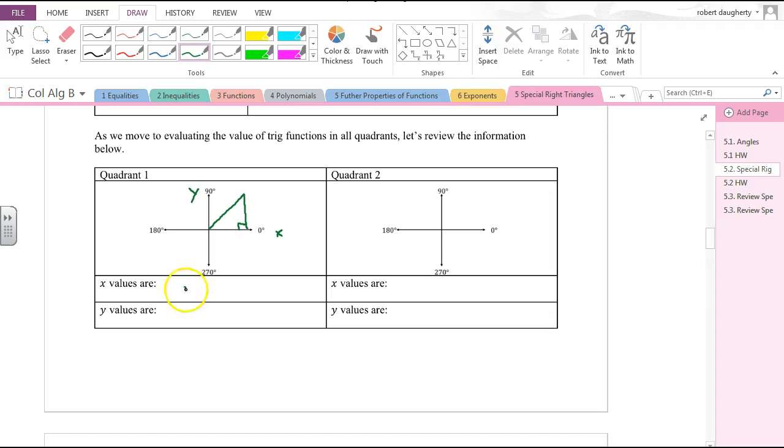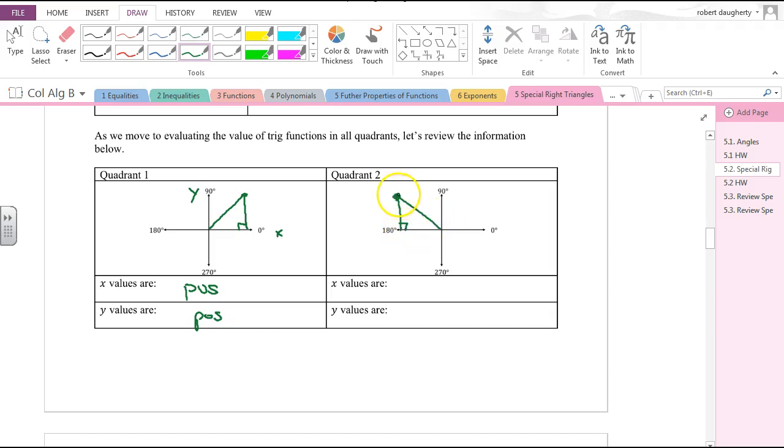Yeah, so the x values are positive. What are the y values up here? Yeah, so think about this point right here. To get to that point, I had to go positive x and positive y, okay? So when I draw that triangle, I'm going to have positive values for both legs of the triangle. The hypotenuse is always going to be positive. It's a distance, okay?